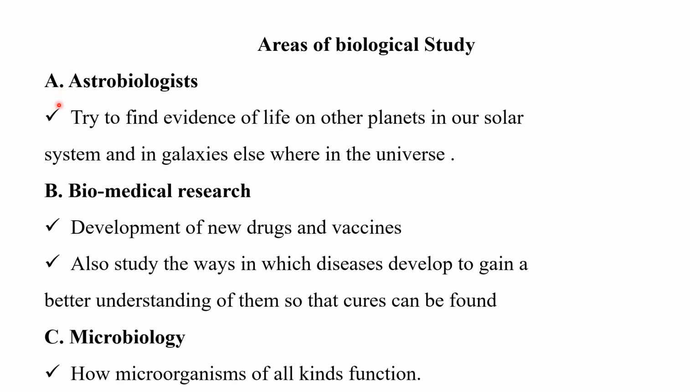The first area is astrobiology. An astrobiologist is a person, or astrobiology a branch of science, that tries to find evidence of life on other planets in our solar system, in other galaxies, or elsewhere in the universe. They try to find evidence of other living organisms living on planets other than Earth. This is what astrobiologists study.